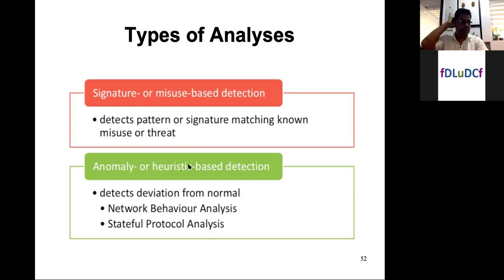The other method is called anomaly or heuristic based detection. In that, they record the normal behavior of the network or the servers, and if something deviates from the normal behavior, they create warnings. So the first is based on known patterns, and this one is based on behaviors, anomalies, rules and behaviors.